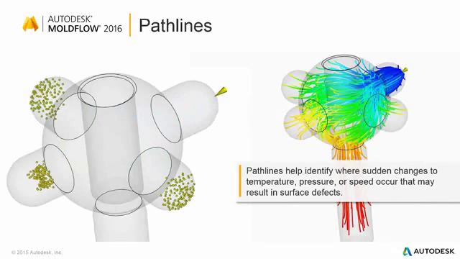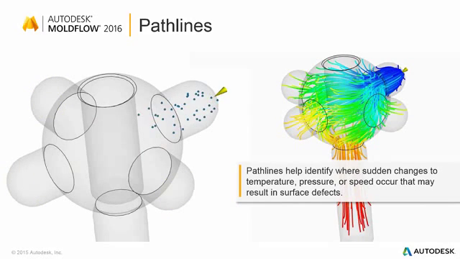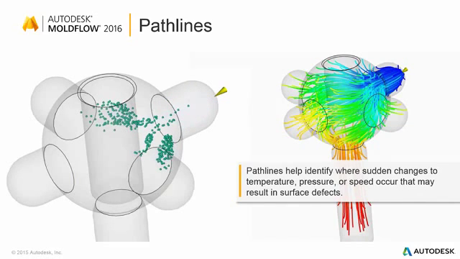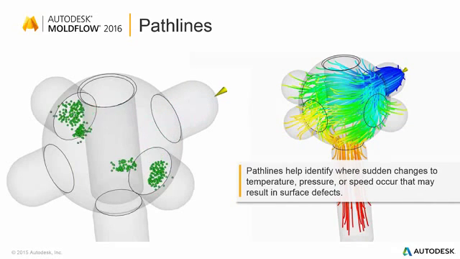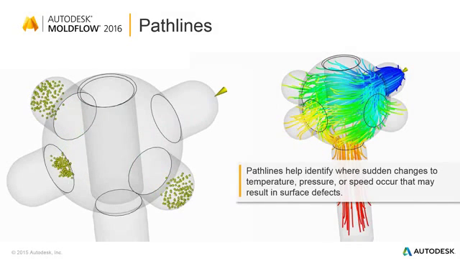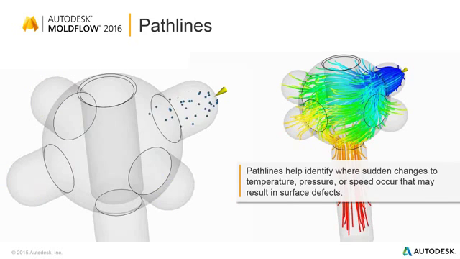And that helps us understand how material flows through a cavity. So you'd look at how particles that end up on the surface, where did they flow through, and which areas were they flowing through at a specific point in time during the molding process.